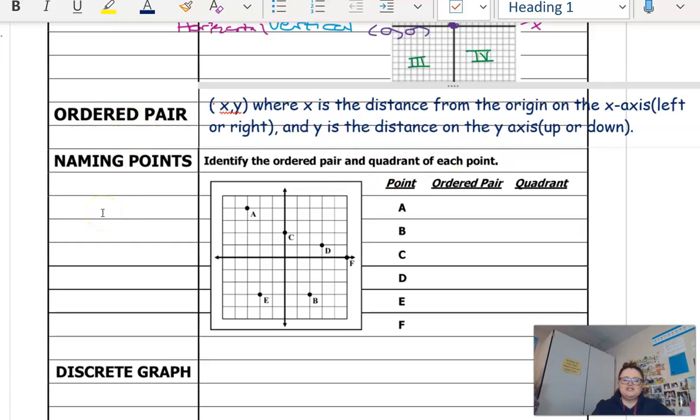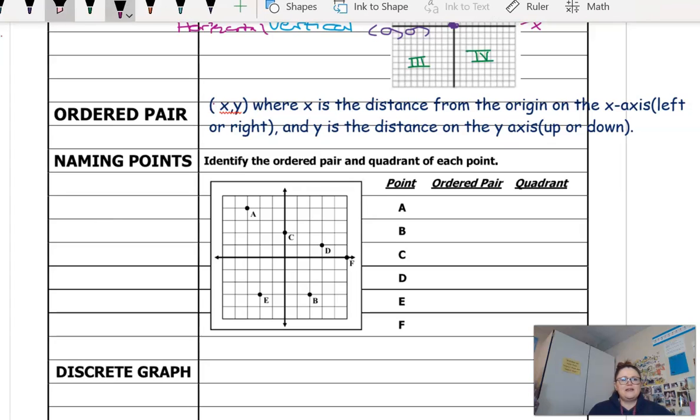Now, how do we actually do that? So you guys should be pretty familiar with this process, but let's just practice anyway. So if we're talking about point A here, then to get to point A, you have to go left 1, 2, 3 spaces and up 1, 2, 3, 4 spaces.